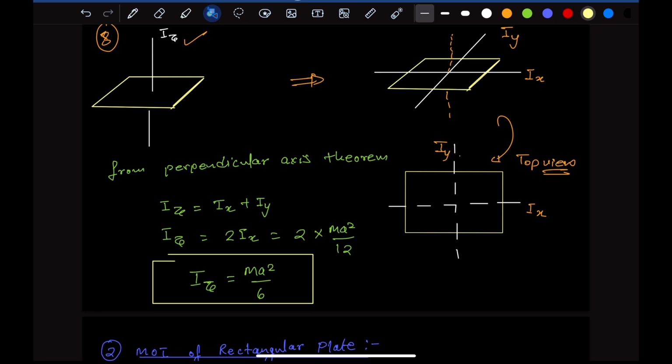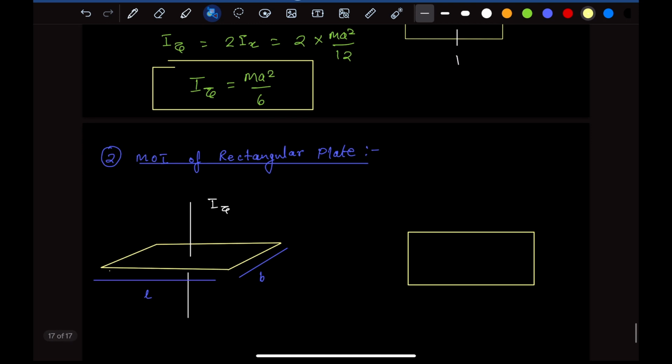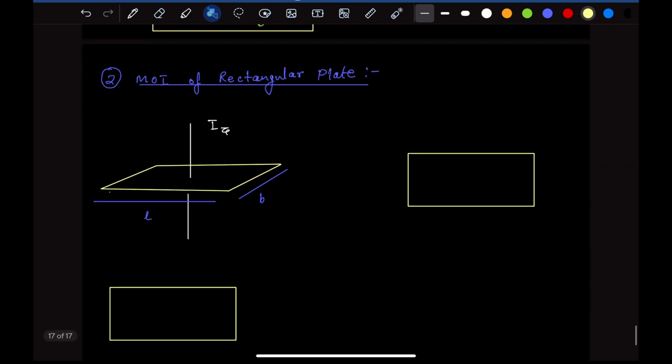Okay, so next, moment of inertia of a uniform rectangular plate. Of course I have not written down uniform, but it is uniform.